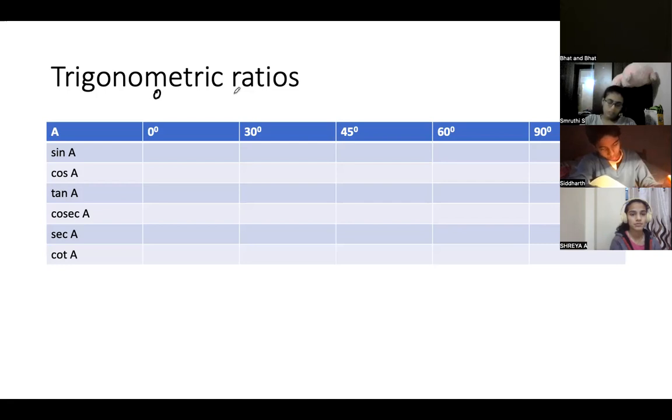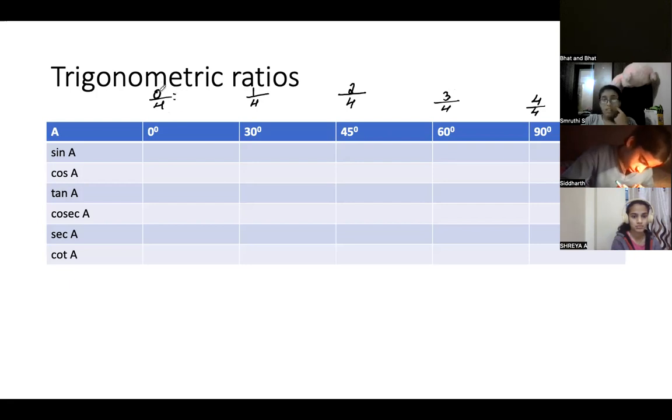So first we will write 0, 1, 2, 3 and 4. After that, we will divide everything by 4. What do we get? I'll write it here. So 0 by 4 is 0.